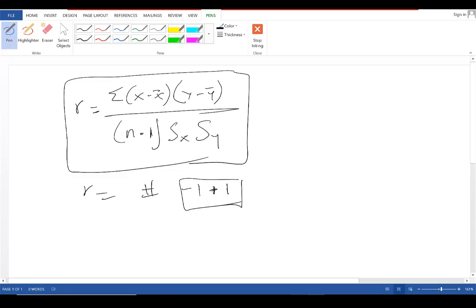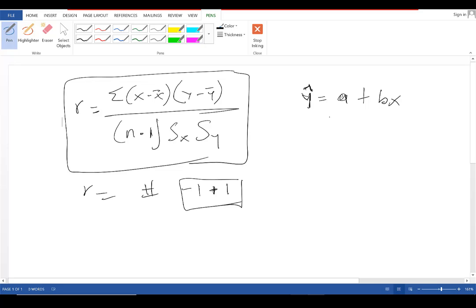Then we will use our regression equation, which is equal to a plus bx, to come up with the predicted value, which is right here, y hat. This is called y hat, and we're gonna define these variables.